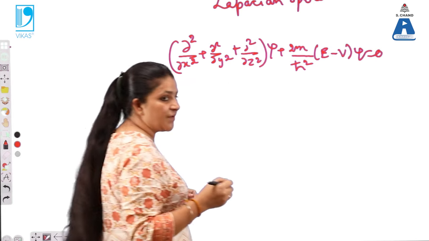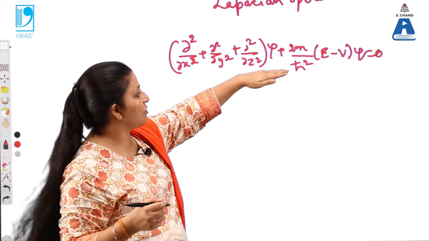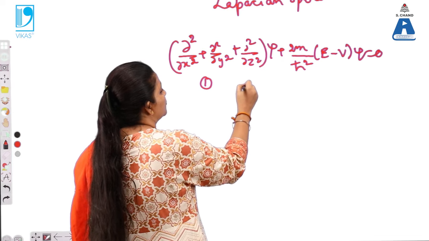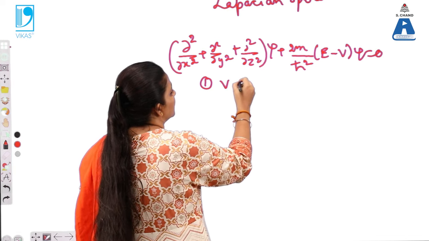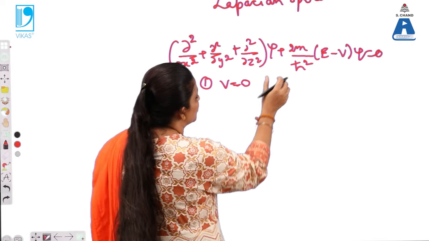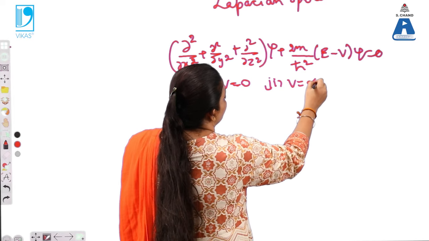Now this is the Schrodinger wave equation in three dimensions. Now apply the boundary conditions on this equation. The first boundary condition is V equals 0 inside the box, otherwise V, the potential, is equal to infinity.